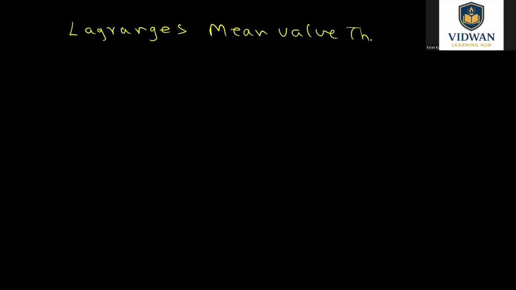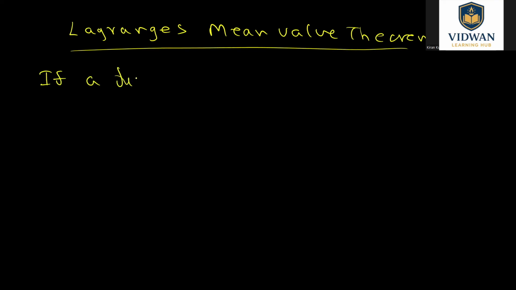So then we have the theorem, Lagrange's mean value theorem. So here, this theorem states that if a function f of x is continuous in closed interval AB, so first two conditions are same as the Rolle's theorem only.